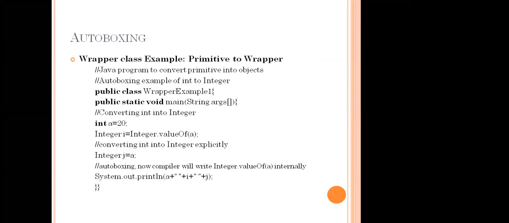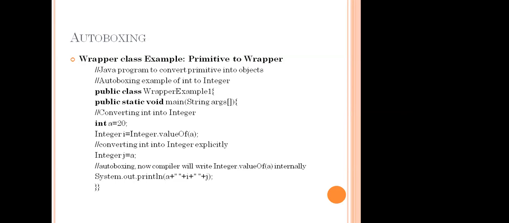See this, we have one small program. The public class name is WrapperExample1, with public static void main, which is the main method we use. Here we are declaring a primitive, that is, a basic data type: int a equal to 20.